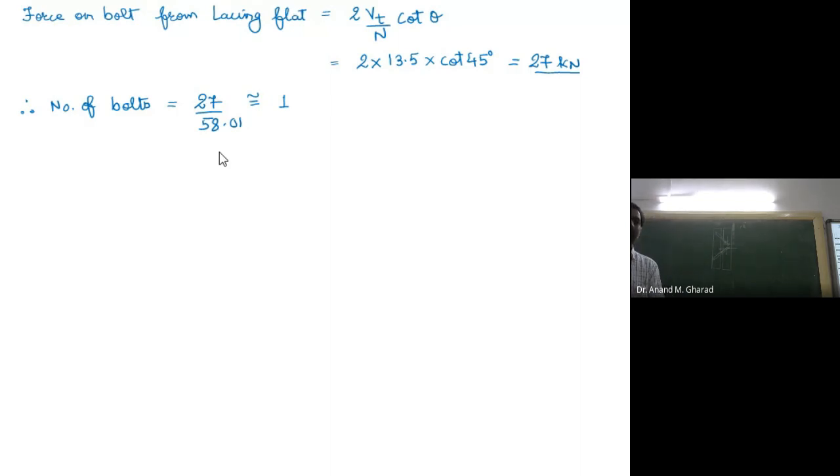Okay. So this is how the lacing is to be designed for case one, where the channels are facing back to back. Now let us discuss about when the channels are placed toe to toe, like in this condition.